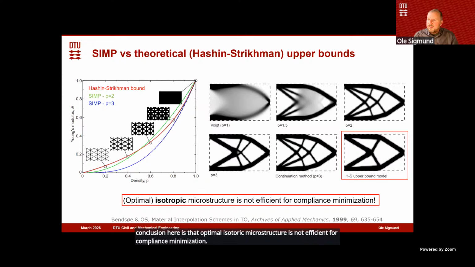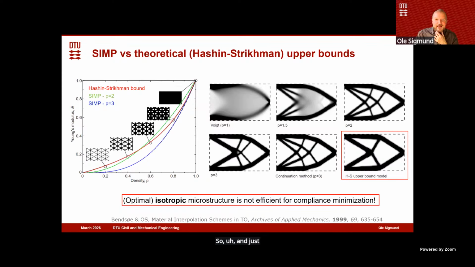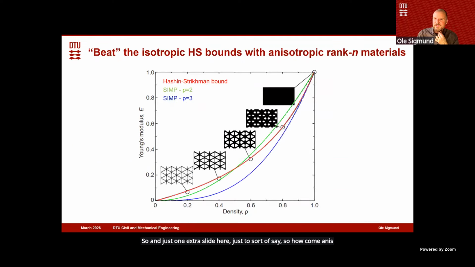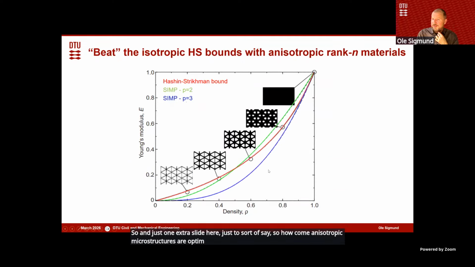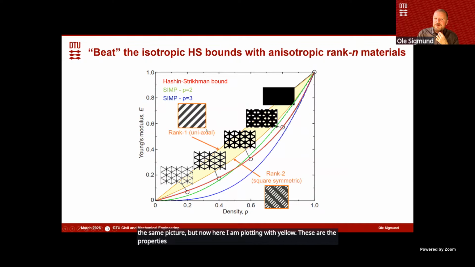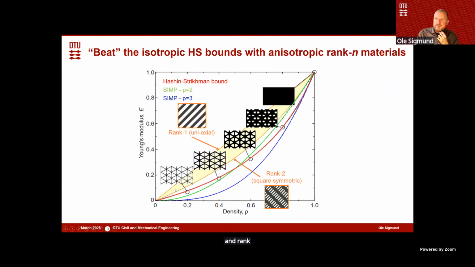Just one extra slide here, just to sort of say, so how come anisotropic microstructures are optimal or are good? Well, you see it again here. This is the same picture, but now here I'm plotting with yellow the properties that you achieve by having either rank 1 material, which gives you a linear interpolation, and rank 2 material, which gives you this other interpolation.